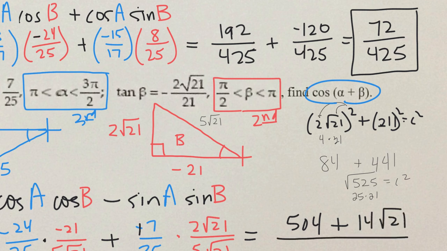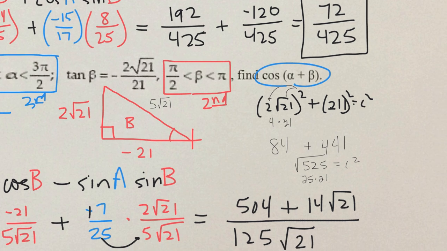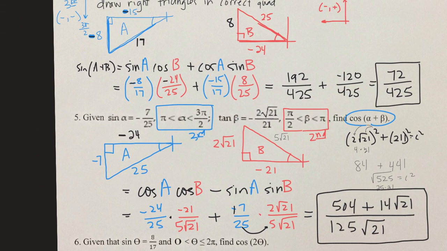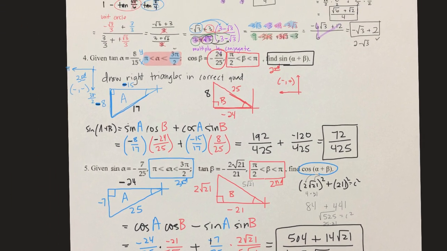And that's all divided by 25 times 5, which is 125 root 21. You know what? I think that will be okay for today. We don't need to simplify that. Multiplying it by root 21, let's let it be. So 504 plus 14 root 21 over 125 root 21. So maybe that was more algebraic simplification than we needed.